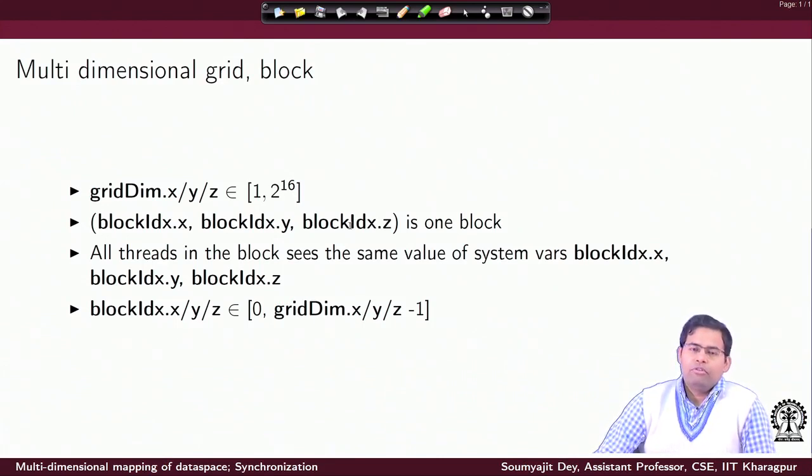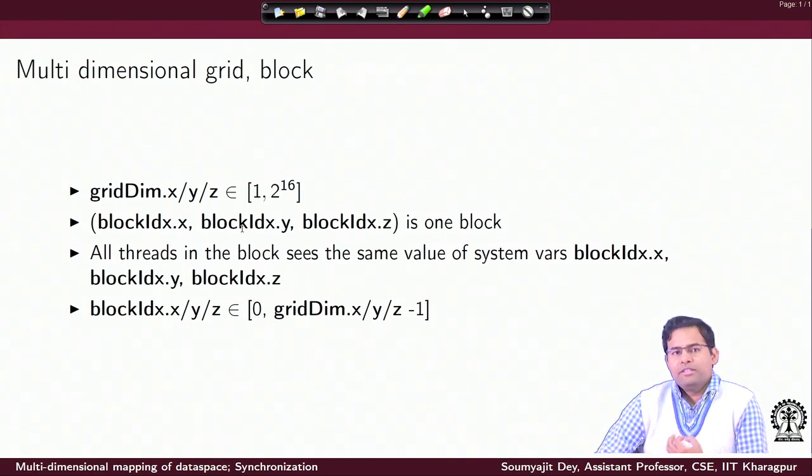That would mean for every individual CUDA thread I would have a collection of these 3 variables. That means the thread can transparently see the values of what is the block ID in the x dimension, y dimension and the z dimension. And of course, for all the threads sitting inside one block, these values should be the same.